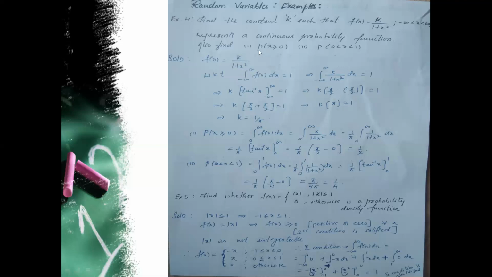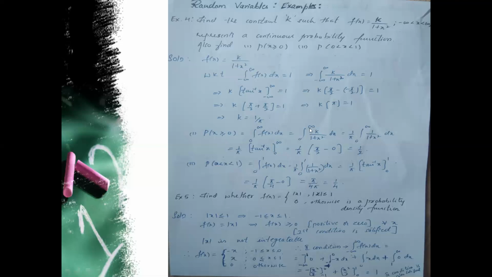We need to calculate the probability that x is greater than or equal to 0. Since it's a continuous function, we'll take integration from 0 to infinity, all the values for x greater than 0. So it is 0 to infinity f of x dx.